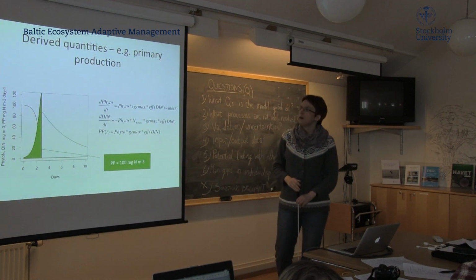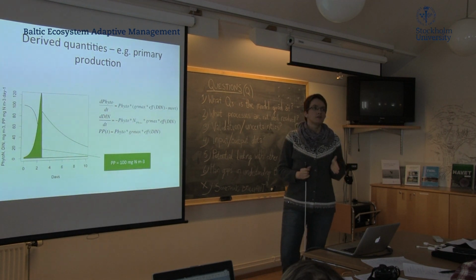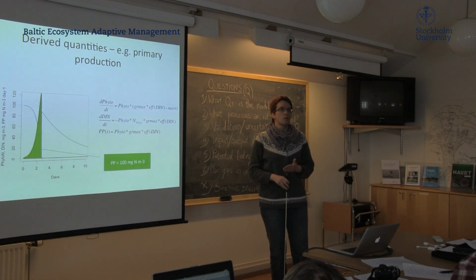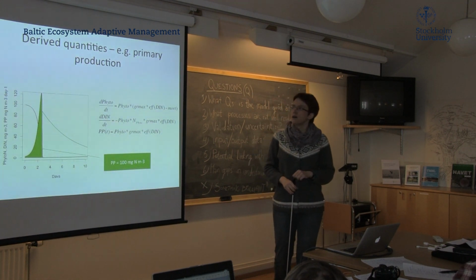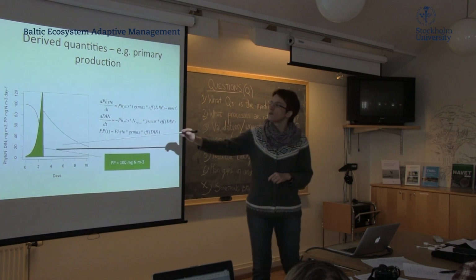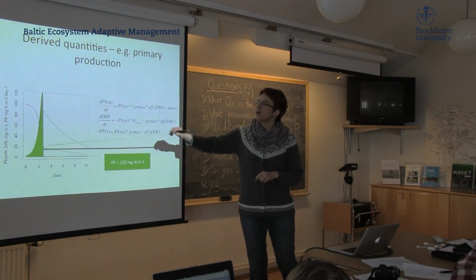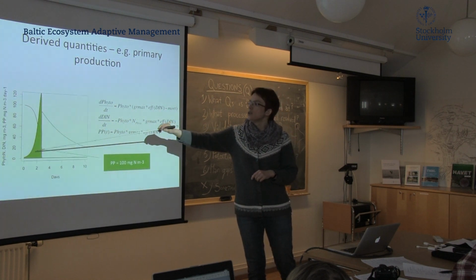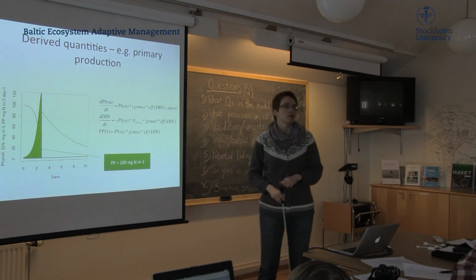So this is the basic principle if you want to put a question to your model, for example, how much carbon was produced or how much nitrogen was denitrified. You calculate the rate at each point in time, and you sum up or integrate over this time period.